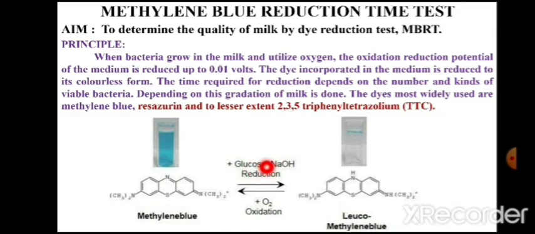So if methylene blue comes in contact with electron donors, it will accept the electron from these reducing agents and get converted to reduced form. Methylene blue in reduced form is colorless.